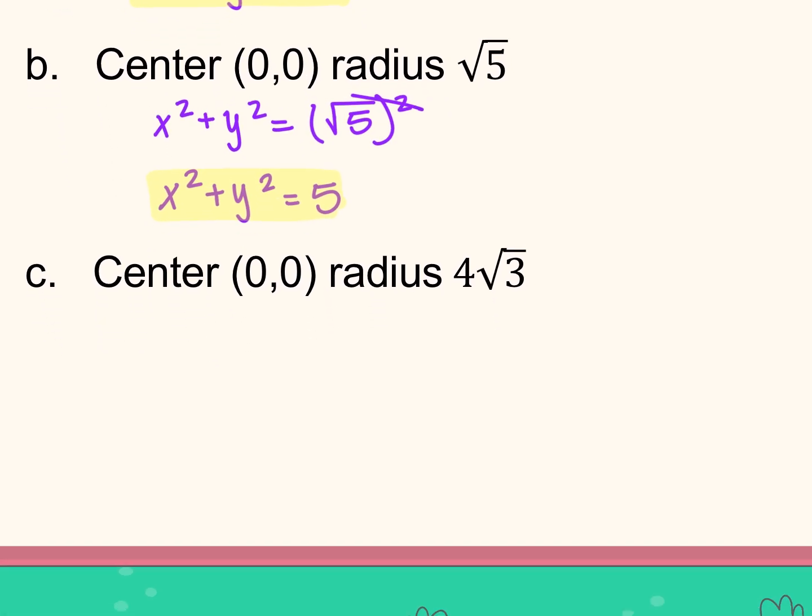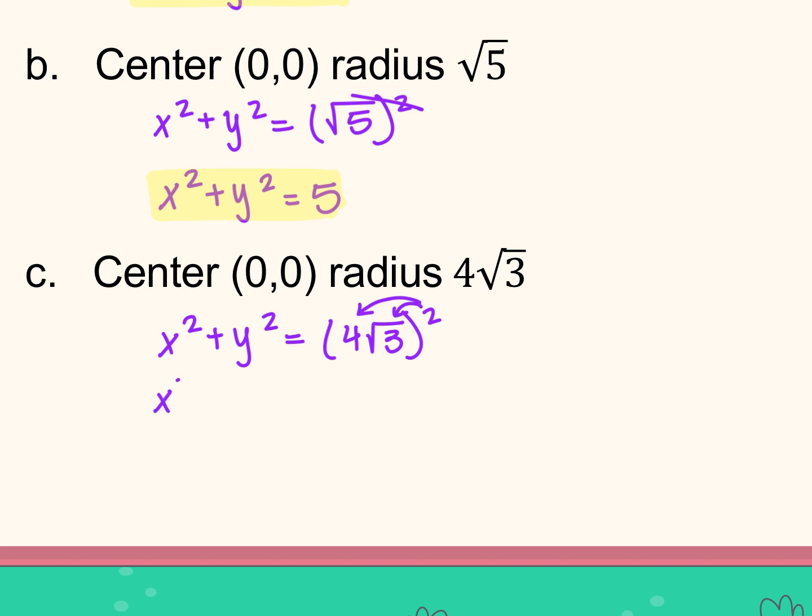And looking at the last one, center again is at 0, 0. So I'm going to have x squared plus y squared equals 4 times the square root of 3, with everything being squared. What do I have to do to solve for that radius? I'm going to distribute my 2.